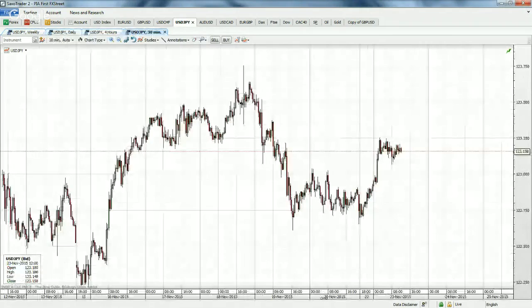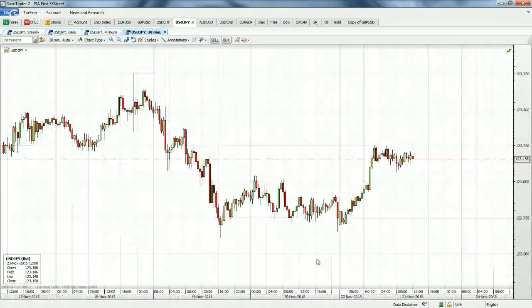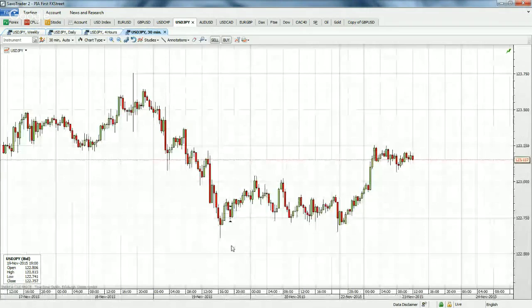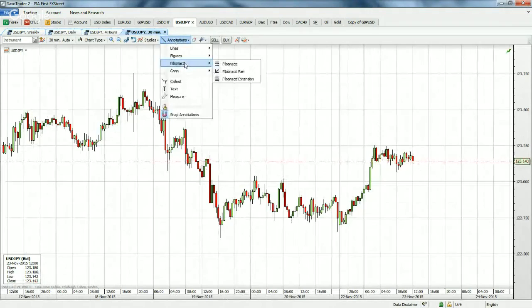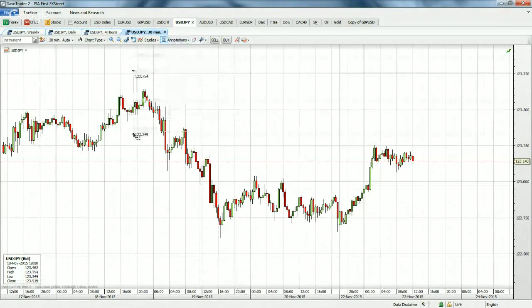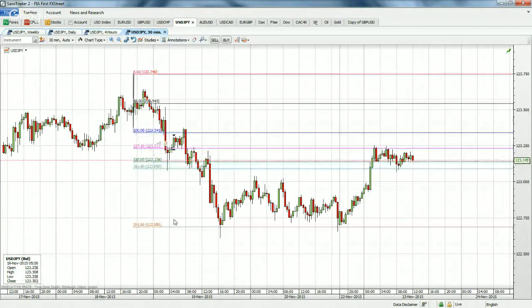Again, this move lower was impulsive. This move has been corrective. If we put fibs on here, okay, 261.8% extension. We did get a sort of decent reaction. This is where Elliott wave is always a bit wishy-washy, a bit, how can I explain it better?